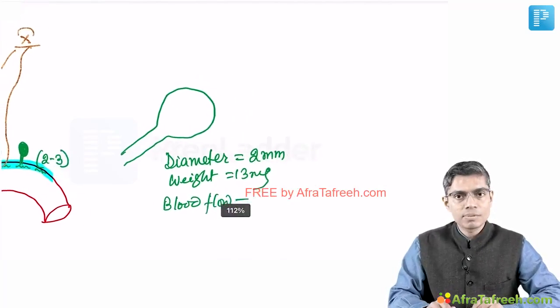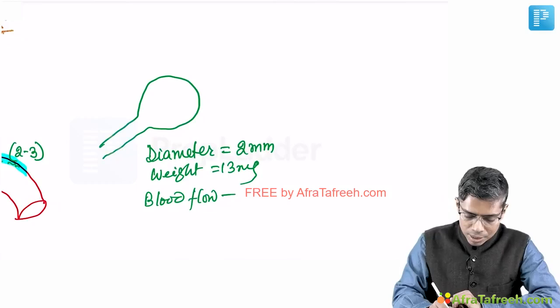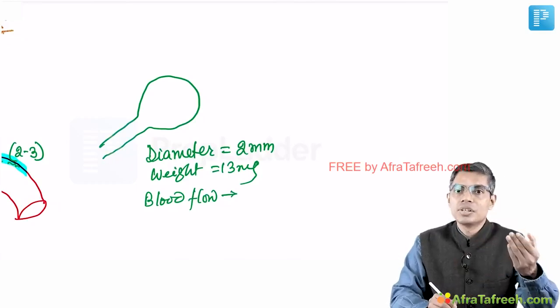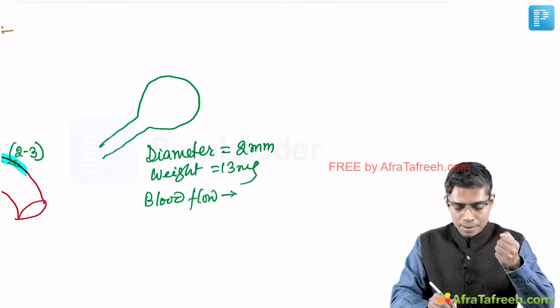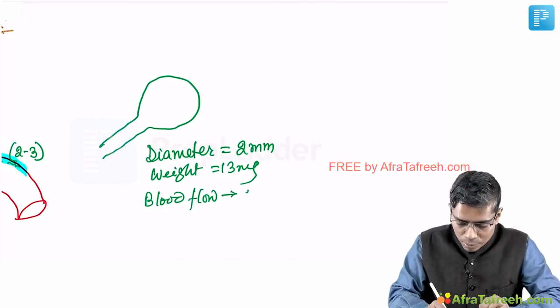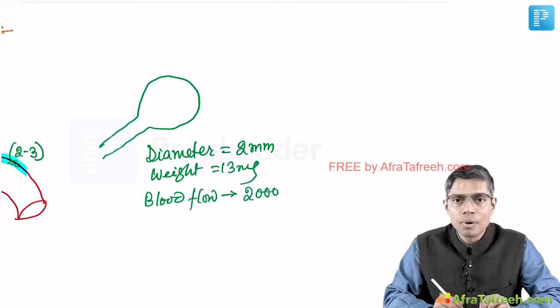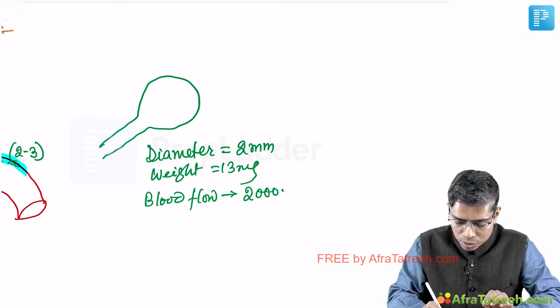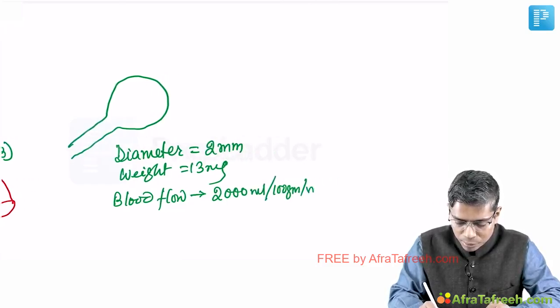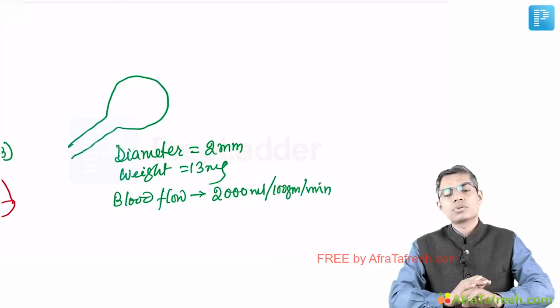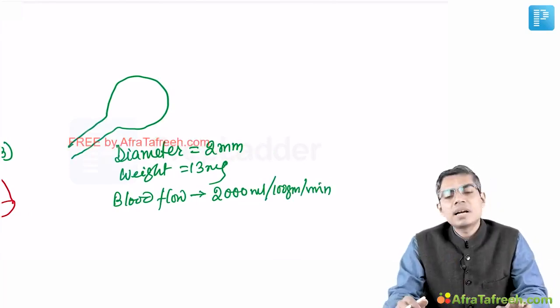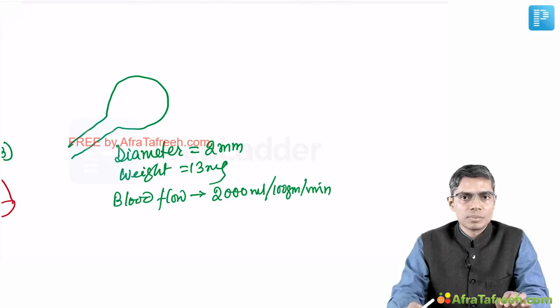You will learn the blood flow of other tissues later in the regional circulation chapter. But the blood flow at the carotid body or aortic body is 2000 ml per 100 gram of tissue per minute. Getting my point? This is much higher than any other organ system in our body.